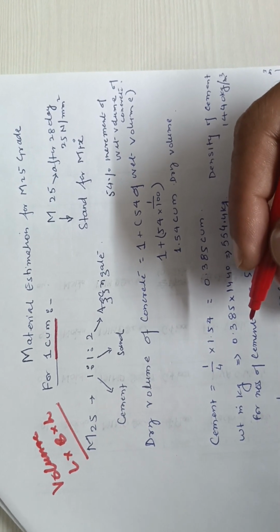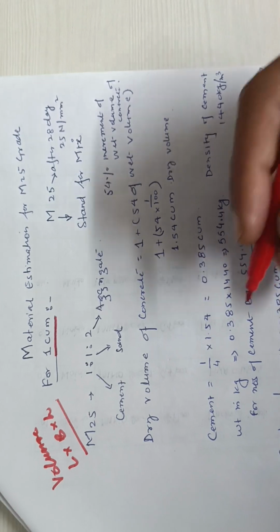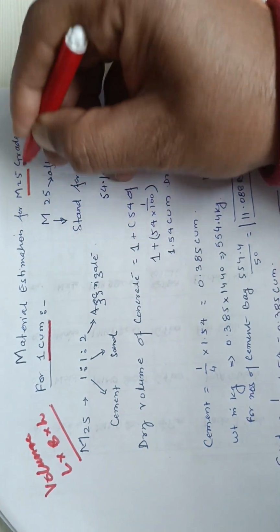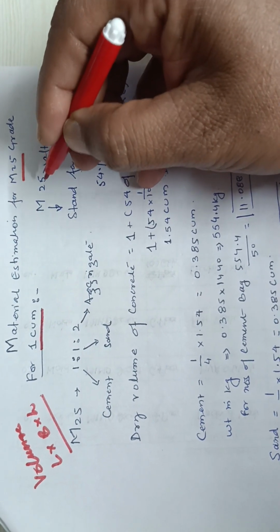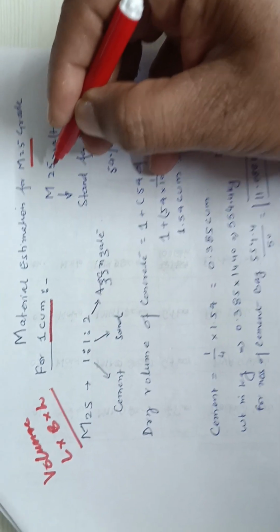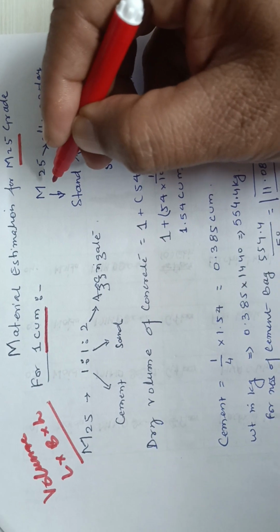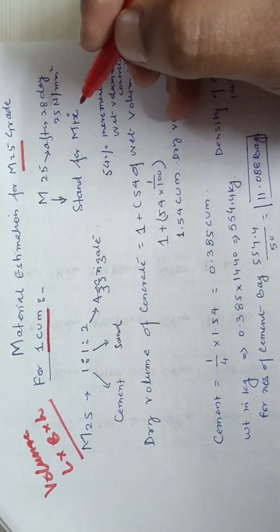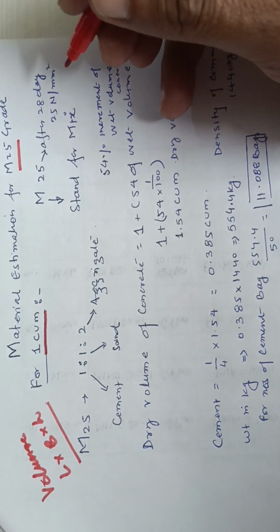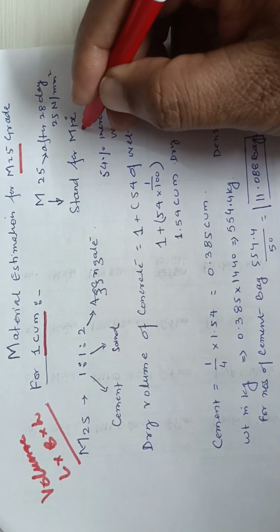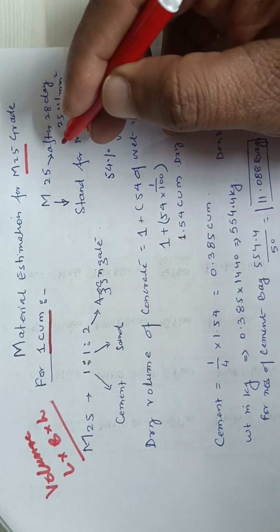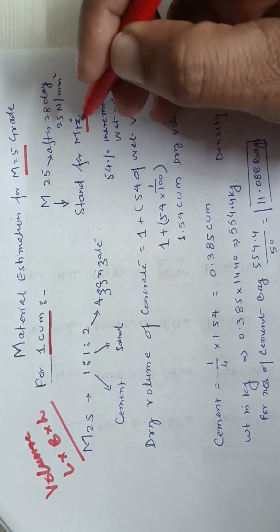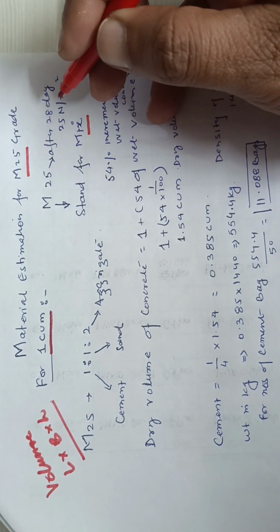Cement, sand and aggregate. We will calculate for M25 grade. First we should understand what M25 is. M stands for mix, and 25 is the grade of concrete at 28 days.